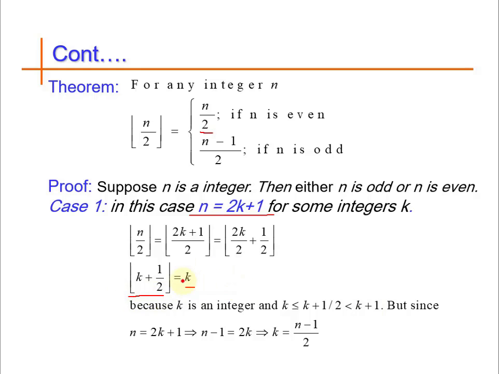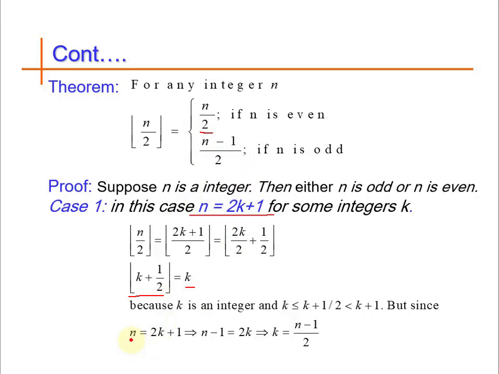And now for the right side, we see that we have chosen n is equal to 2k plus 1. So we need to show that k is equal to n minus 1 over 2. So simply if we solve this equality, we will get n minus 1 over 2.